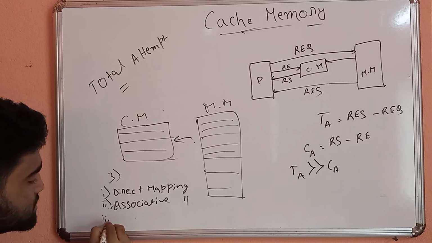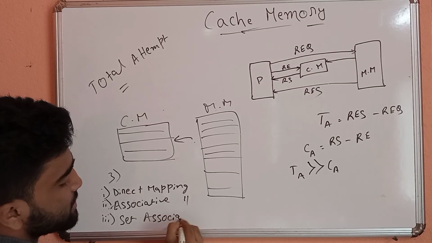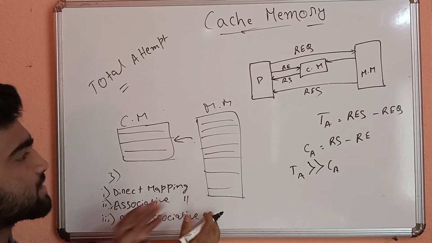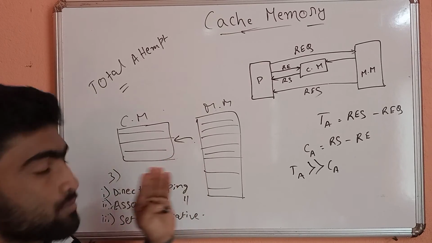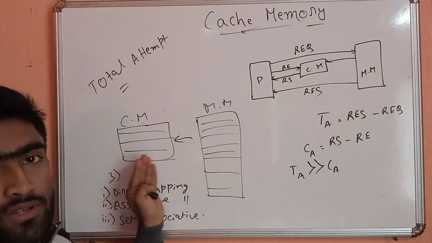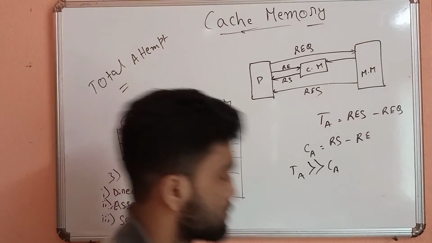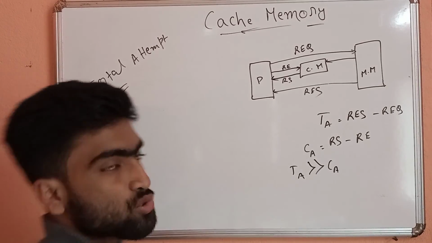And another one is set associative mapping. These are the three mapping techniques we use to map contents of main memory to cache memory. Okay, now during the use of cache memory we face a problem called cache coherence.